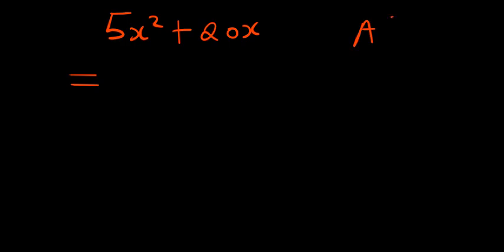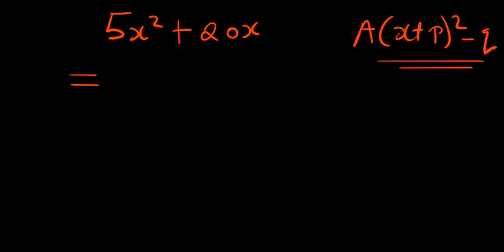Let's say this time around you have 5x squared plus 20x. So how can you solve this one? Because we said we want our form to be a, x plus p squared, minus q, we want to make sure that the a is outside and x is an independent term there.